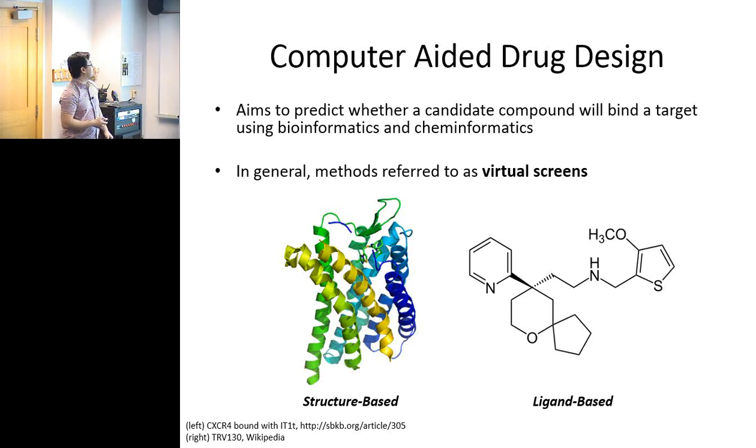And it usually uses a combined bioinformatics/chemoinformatics approach, right? In general, we refer to these approaches as virtual screens. And there are two main ways in which you can approach the methodology. You have what's called structure-based screens, and you have ligand-based screens. I'm going to go into each of these and talk a little bit about what these are.